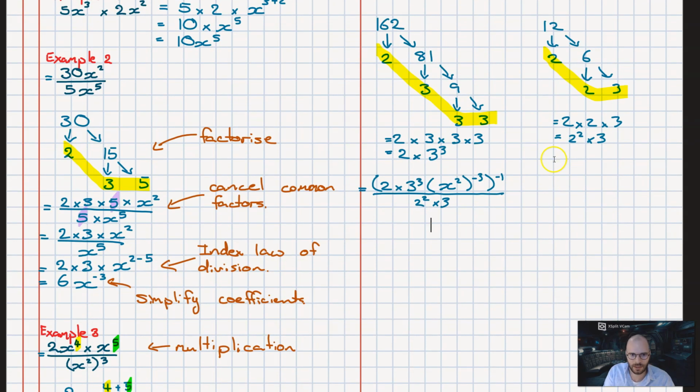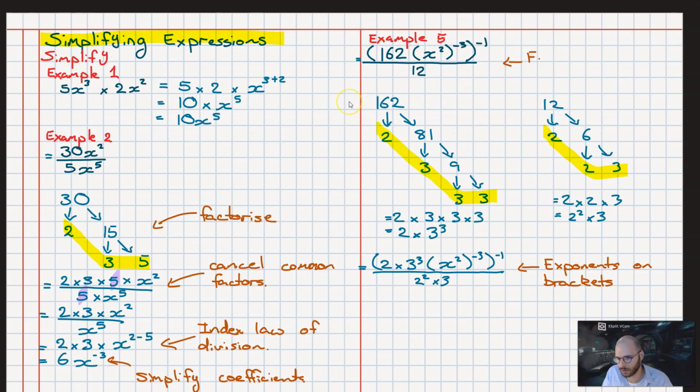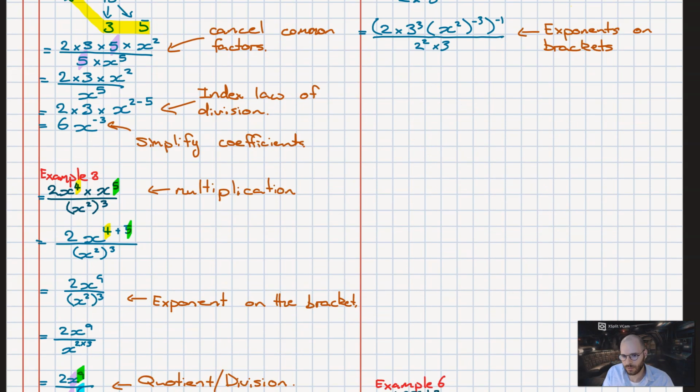Alright, next step is we're going to deal with the exponents on the brackets. Dealing with the exponents on the brackets, the minus 1 is going to come inside, so we get 2 to the negative 1 times 3 to the 3 times negative 1. Then the x squared is unchanged because it's inside a bracket itself, but the power on that becomes minus 3 times minus 1.